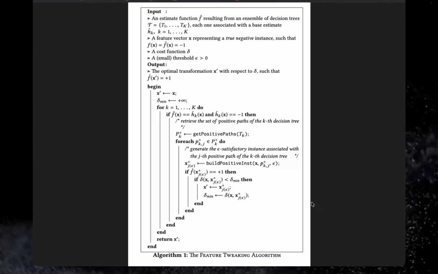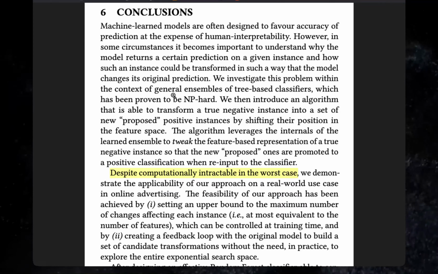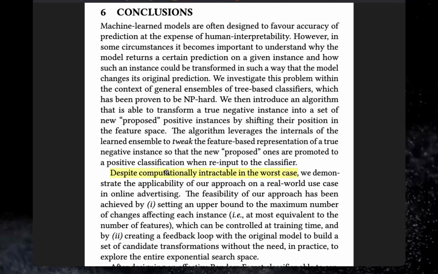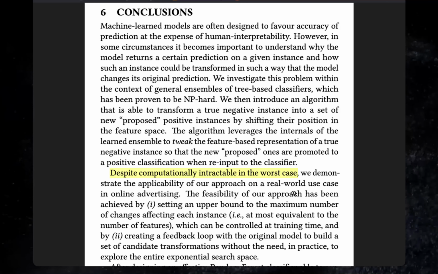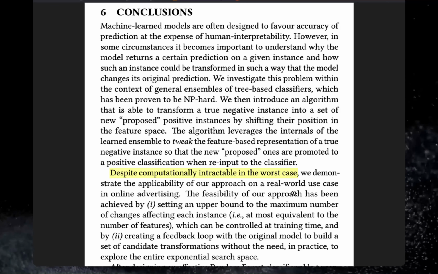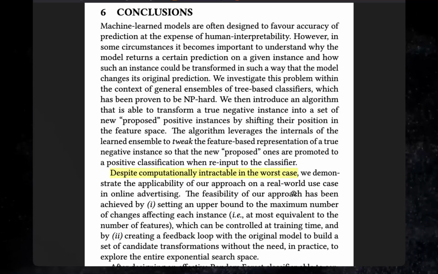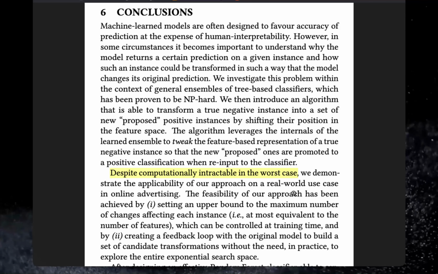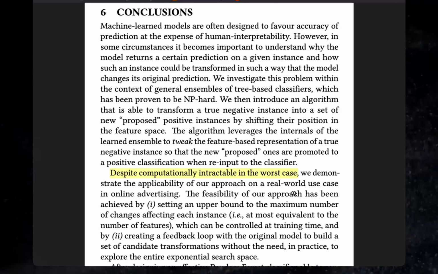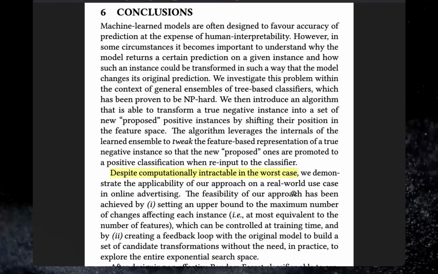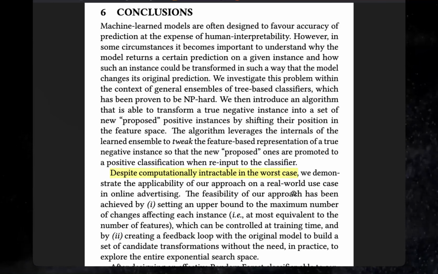And this is not evident in the algorithm itself. In fact, the only way you can really spot it is if you jump to the conclusion where it ends up saying, oh, despite being computationally intractable in the worst case. Well, that's not very helpful because there's no guarantees here, right? Like you might never find a scenario where you end up flipping the sign within this delta ball. In fact, it is impossible to really have a particular delta or an epsilon that would guarantee this kind of flipping.